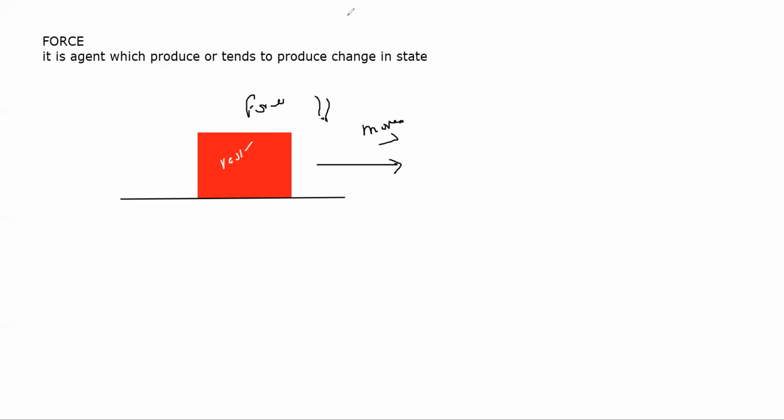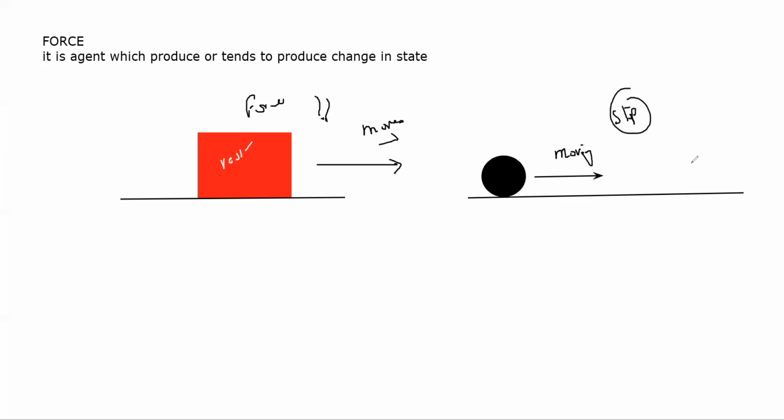Same thing, if there was a moving object, say a sphere is rolling on the floor and it is moving towards the right, and I want to stop this object. How can I stop it? I can stop this object by applying a force.